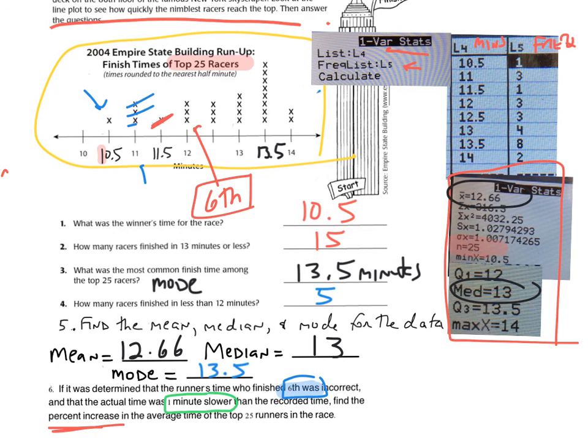So they're saying if it was determined that the runner who came in 6th, so one of these 12-minute runners, their actual time was 1 minute slower. So the 6th place finisher didn't finish in 12 minutes. They actually finished in 13 minutes. So here I'm going to have to take an X away from the 12-minute mark and move another X to the 13-minute mark.